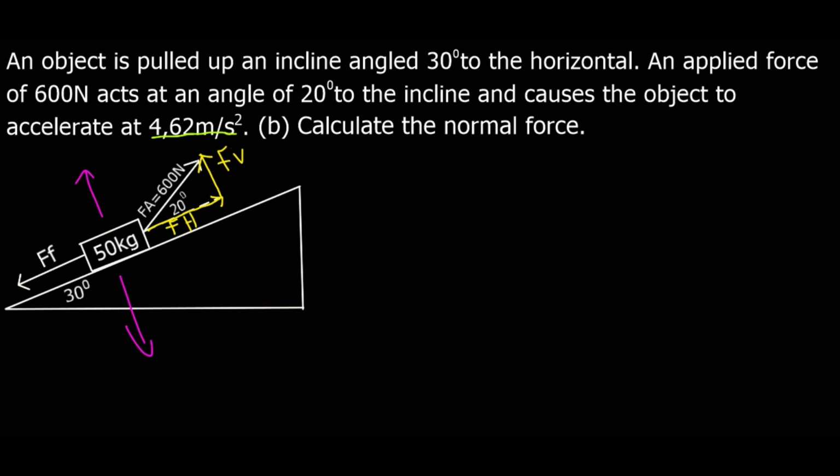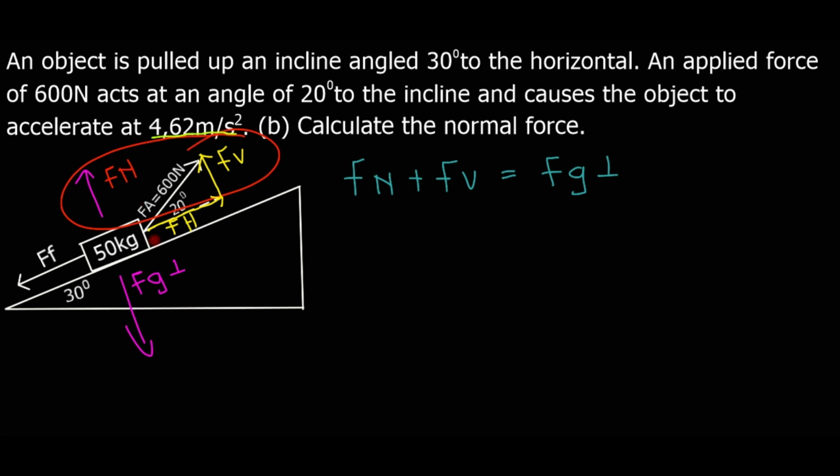So these forces are equal to this force. And remember this one is FG perpendicular. So in short, Fn plus Fv equals FG perpendicular. These forces are balanced. This is Fn. Fn plus Fv equals this force.